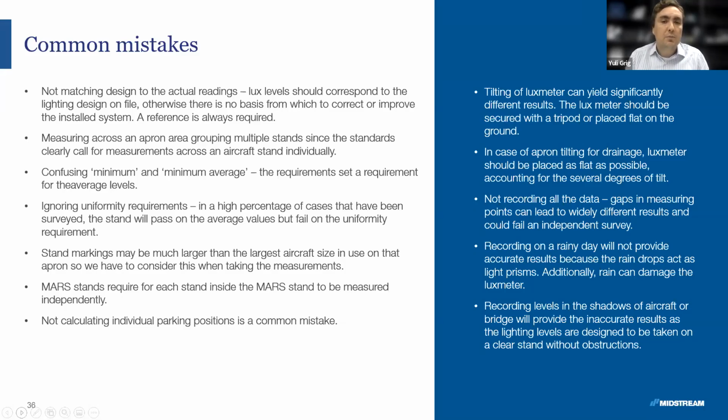From the work that Marco and his team of engineers are doing, when we measure it as a grouped apron and then divide it into individual stands, typically we find that the individual stands will not pass the requirements, even though the grouped apron does. You can do that, but when you have an inspection by the CAA or your competent authority, you'll understand that it's not compliant because it hasn't been designed correctly.